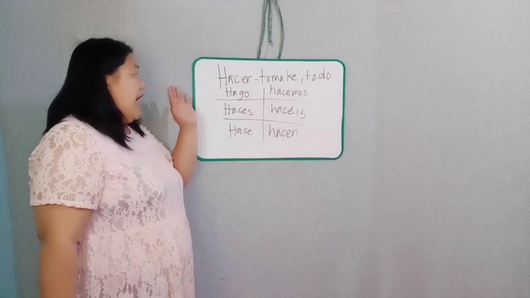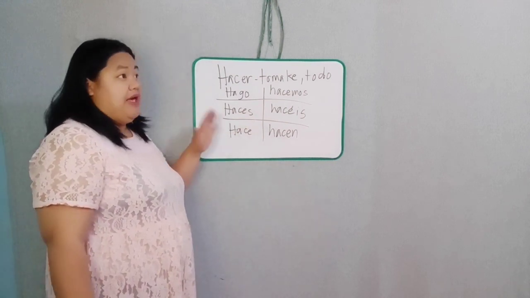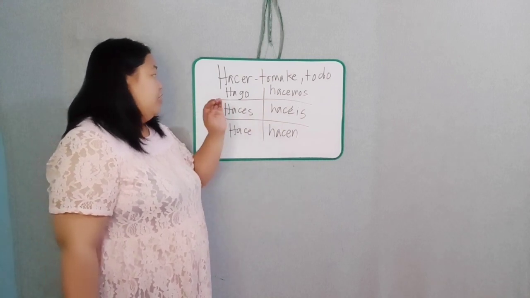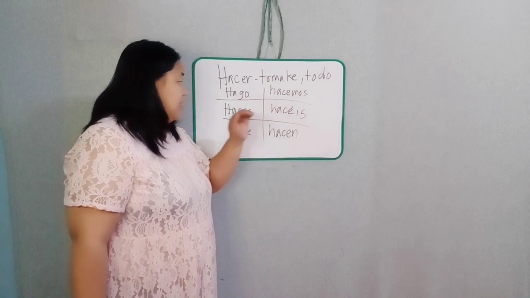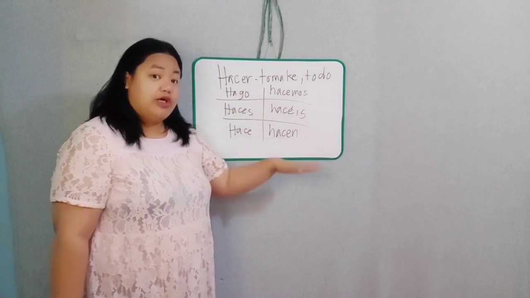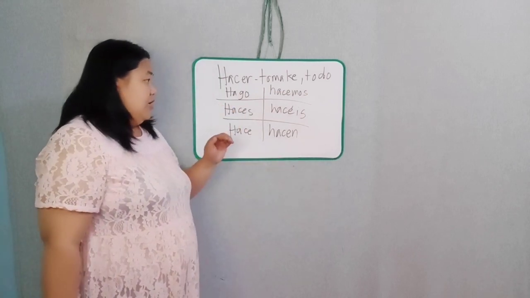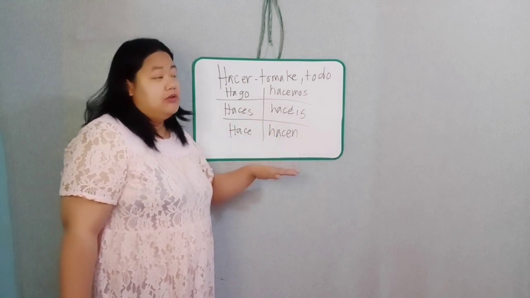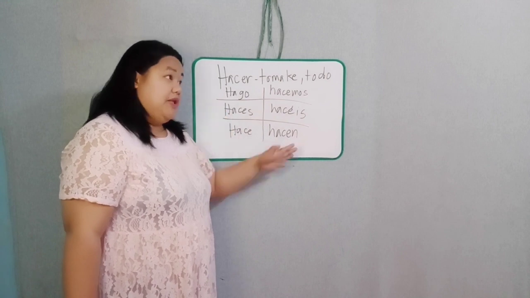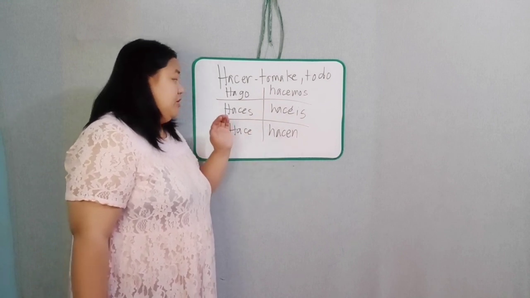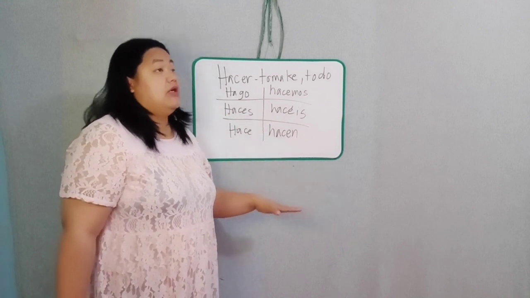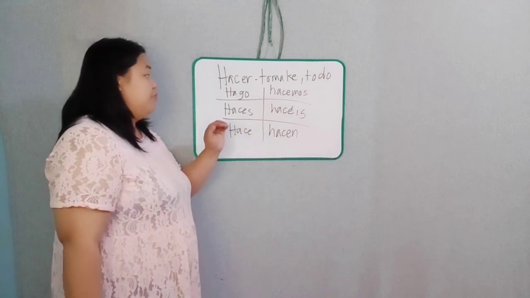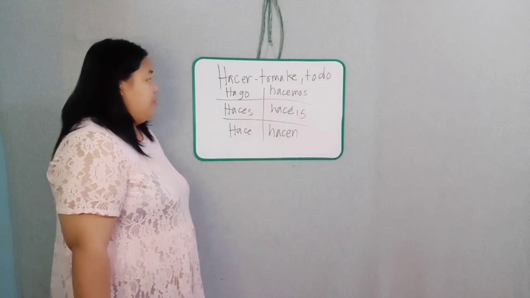So that's I make, you make, he makes, she makes, you make in a respectful way, and then we make, you make plural form, and then they make all male, and then combination of male, female, and then they make plural form, and then you make plural form in a respectful way.